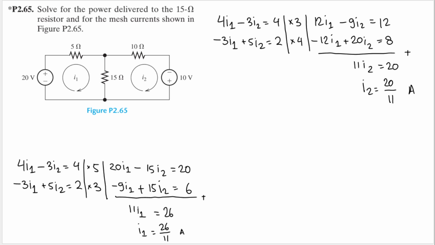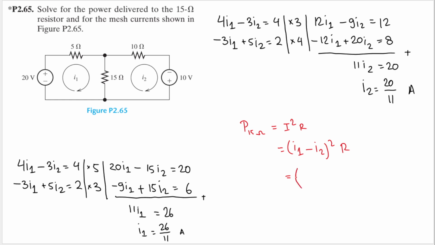However, we are not asked about I1 and I2, we are asked for the power delivered to this 15 ohm resistor. So the power in the 15 ohm resistor, remember the power is I squared multiplied by the resistance, right? But the current that passes through this resistor is I1 minus I2, squared, and then multiplied by the resistance itself.